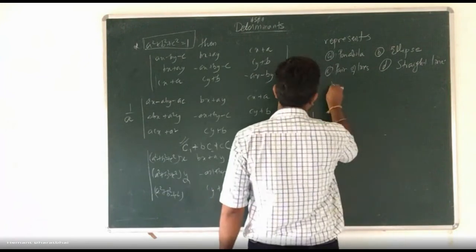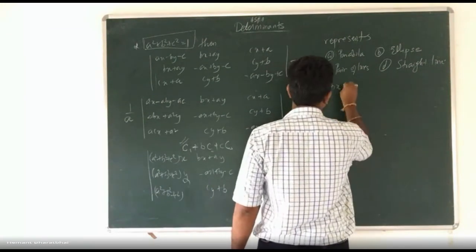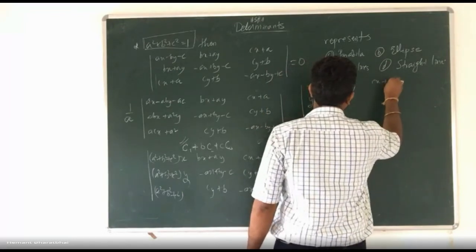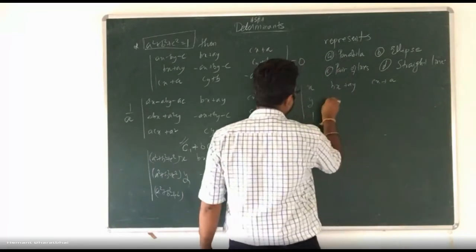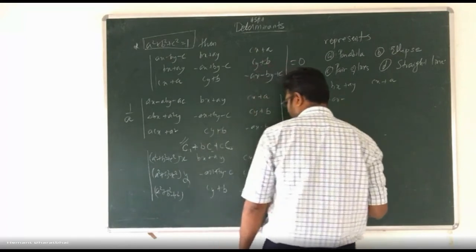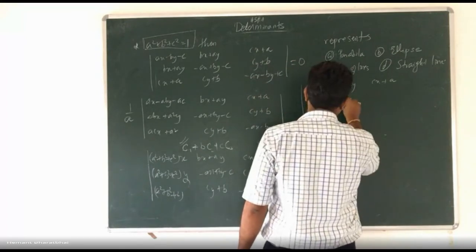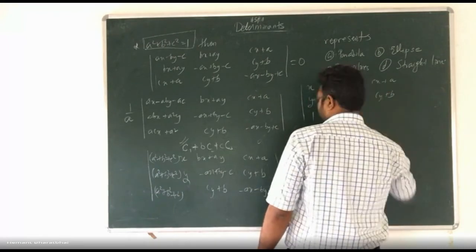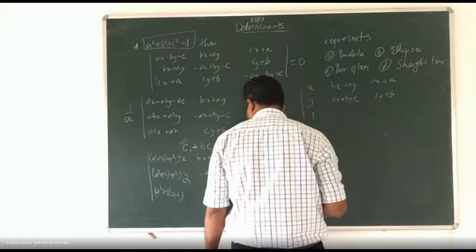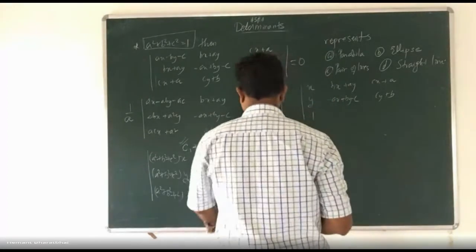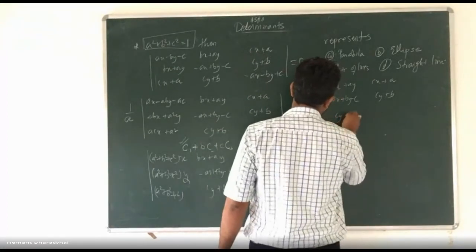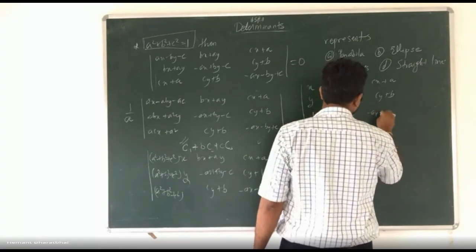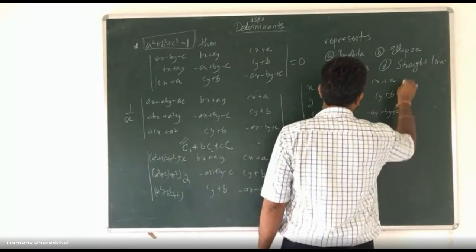And here bx plus ay, cx plus a, here ax plus by minus c, here I have by plus b, here also I have cy plus b, and here I have minus ax minus by plus c.